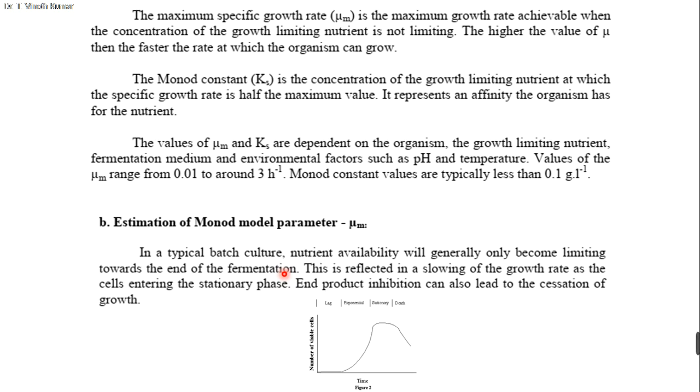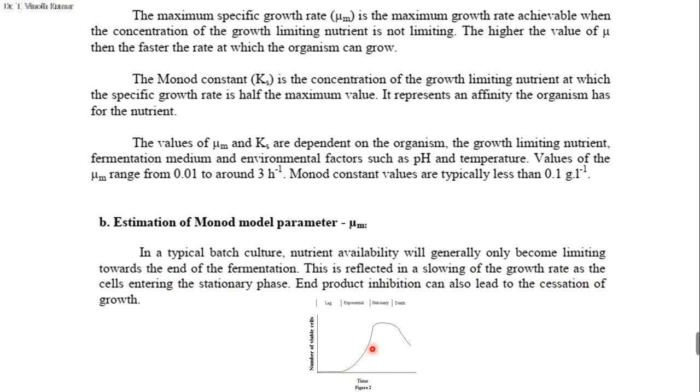Generally the nutrient availability becomes limited, that means it is going to decrease. This is reflected in the slowing of the growth rate as cells enter the stationary phase. That is why the growth curve completely depends on the nutrient availability.